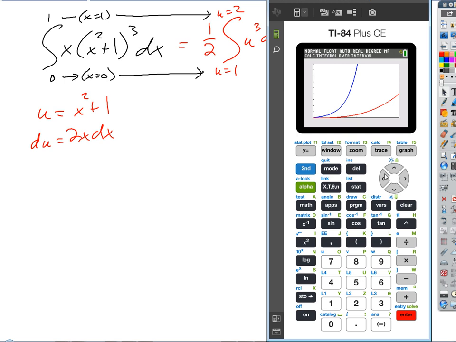Now while we're at it, let's scoot down to the other function, and the lower limit becomes 1 and the upper limit becomes 2. And what do you know? It resizes the graph.